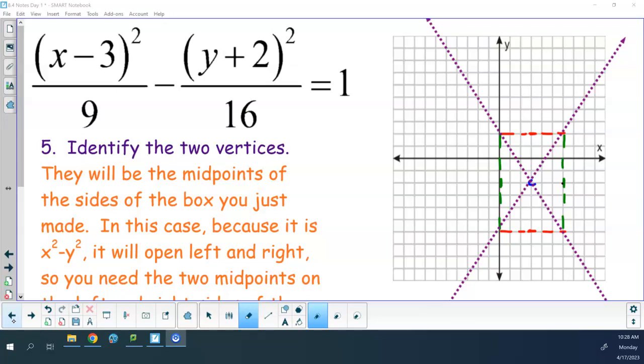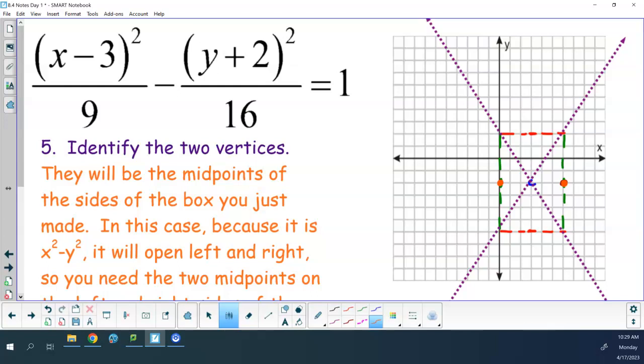Since this is x squared minus y squared, and we determined in step 1 that this is a left and a right opening hyperbola, the vertices are going to be right there and right there.